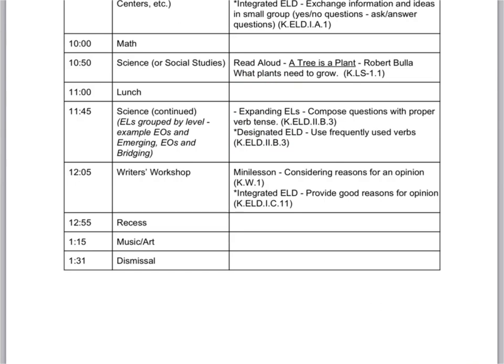And for my language objective, I want my English learners, especially my expanding students, to be using proper verb tense in their spoken language. So maybe as I work with those students talking about what plants need to grow, I'm really emphasizing the verb tense that they're using during that conversation and assuring that they're using those verbs correctly. Is that a good way for me to think about it?